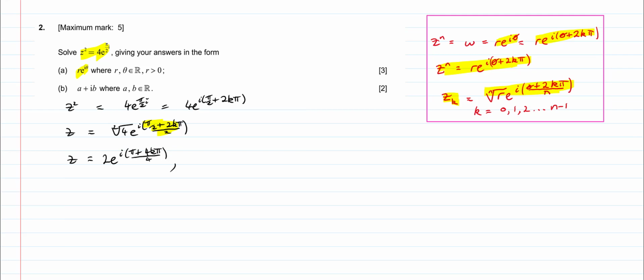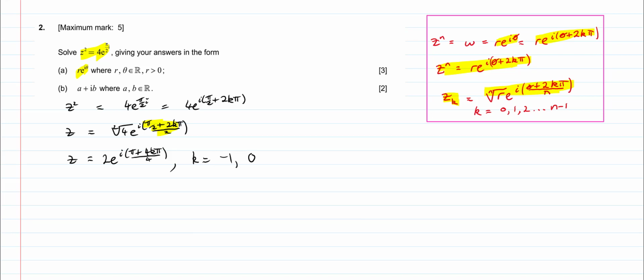And that is going to be for k is equal to, I'm going to pick negative 1 and 0. You could pick k is equal to 0 and 1, that's fine, and you'll get the correct answer. I'll just pick k is equal to negative 1 and 0 because I want to keep the argument between negative pi and pi.